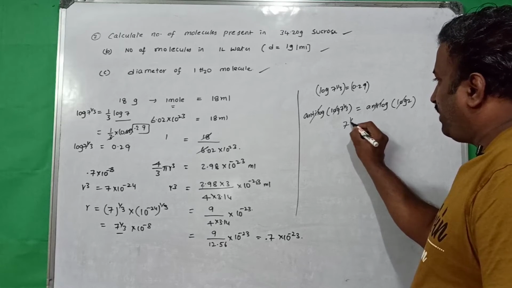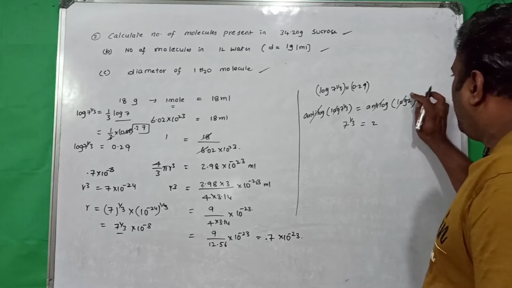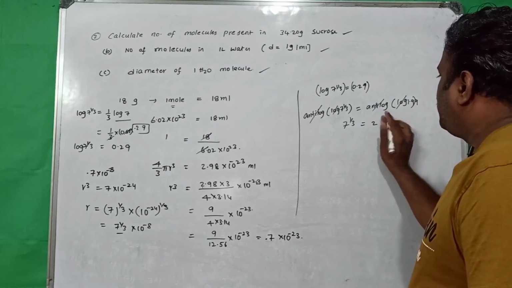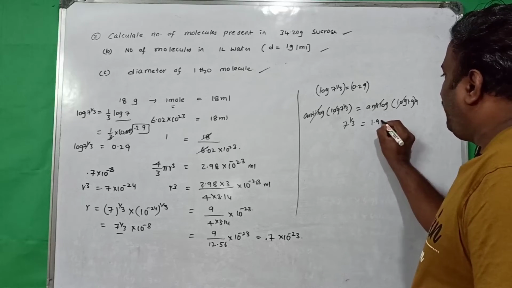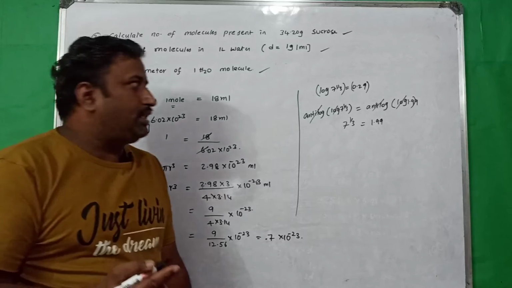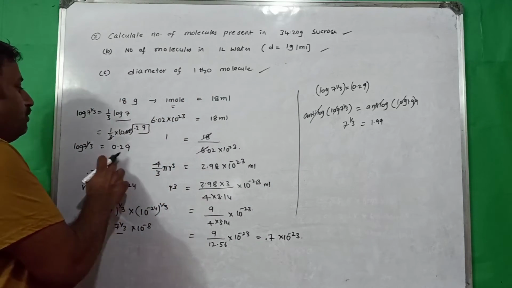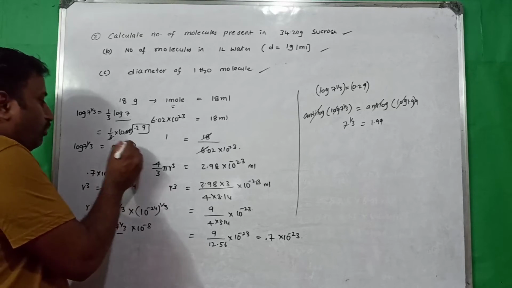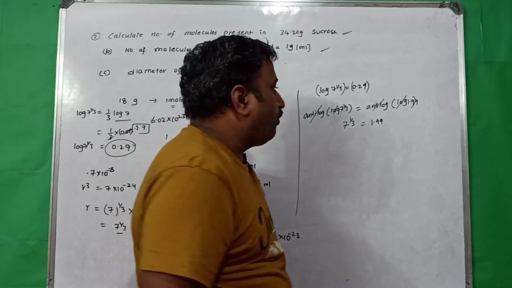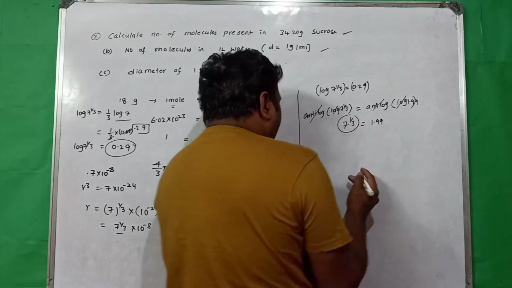So 7 power 1 by 3 is equal to 2 approximately, or more accurately it will be 1.99, because log 2 is approximately 0.3. Now 7 power 1 by 3 is 1.99.